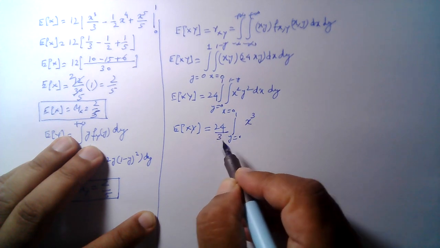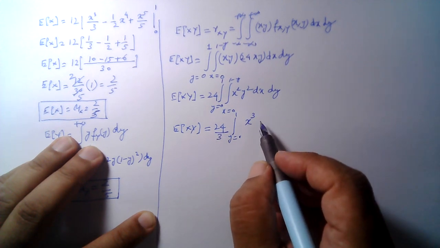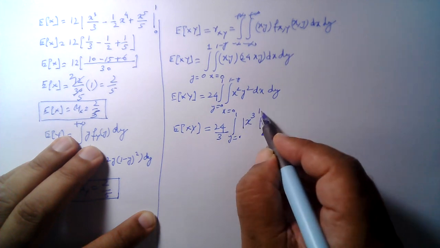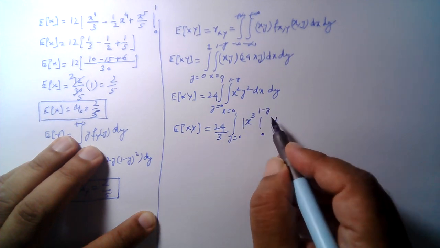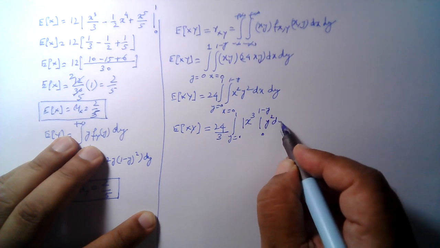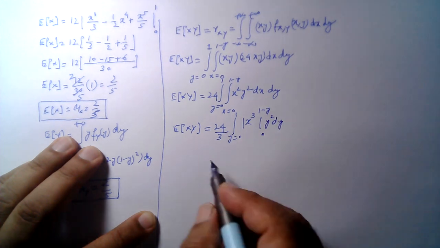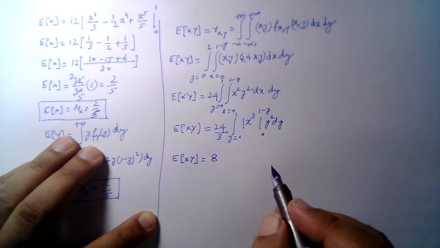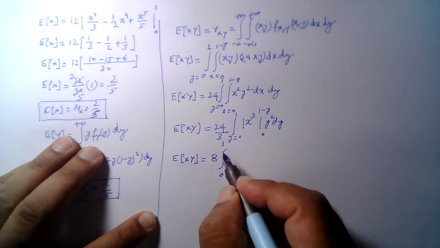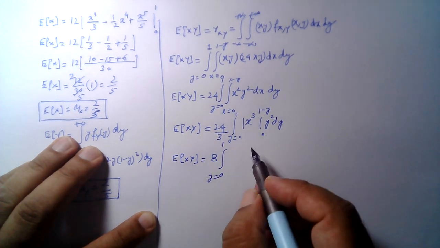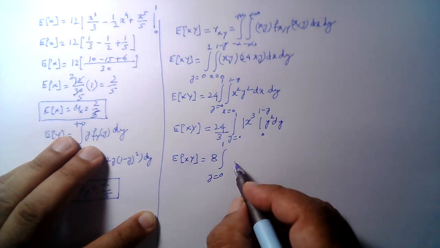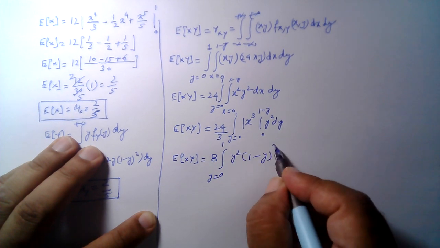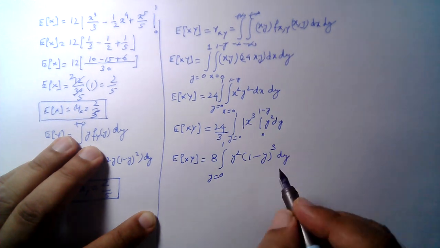Let's take the 3 out, x cubed over 3, with limits from 0 to 1 minus y, and we are still left with y squared dy. So the expected value of xy is 8, integral from 0 to 1, of y squared into (1 minus y) cubed dy.